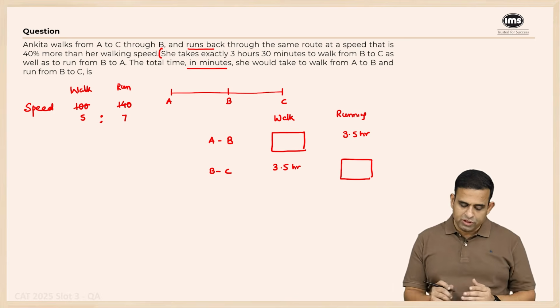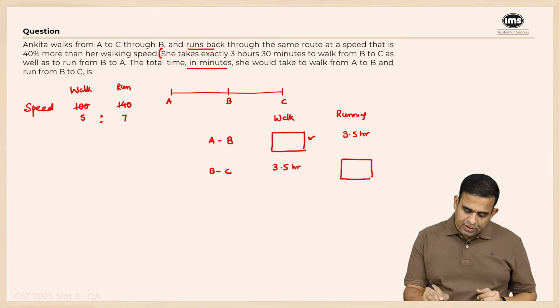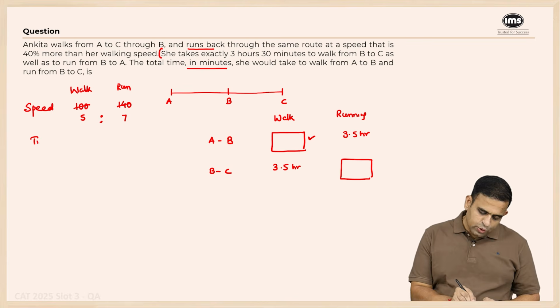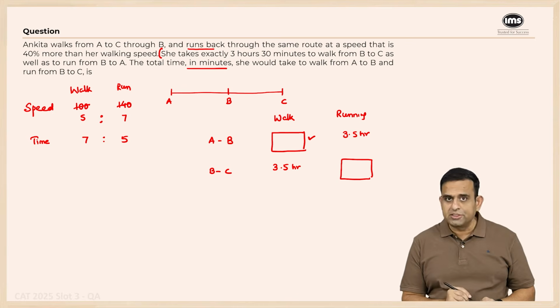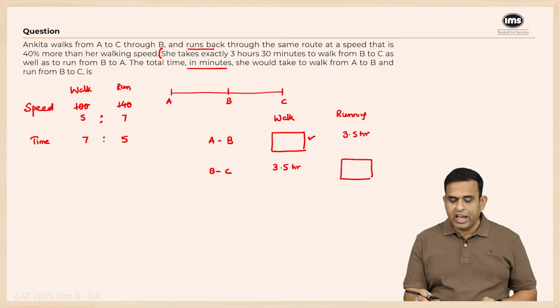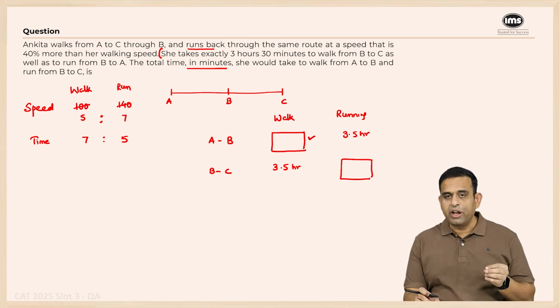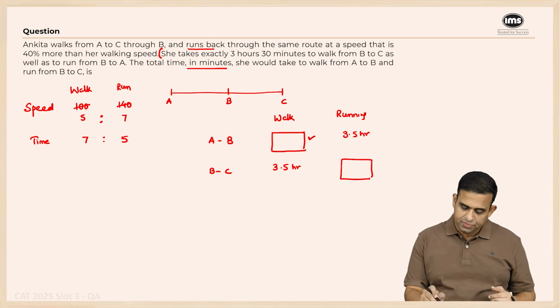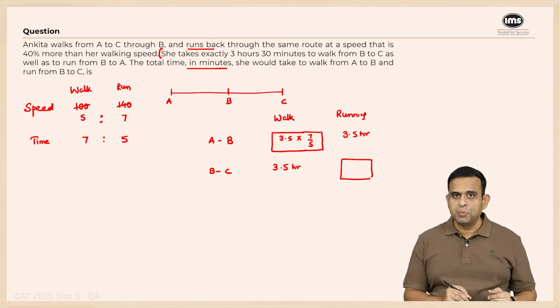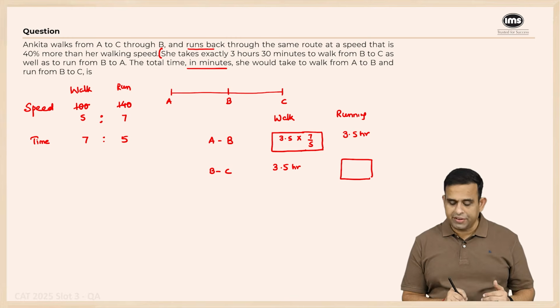Now understand, suppose I look at this particular timeline. Since we know the speed ratio is 5:7, the time ratio must be 7:5 to cover the same distance. So if I look at the A to B distance, the running time is 3.5 hours, so the walking time basically has to be more. So this number must be 3.5 into 7/5, because the walking time has to be more, so I will multiply it by 7/5.